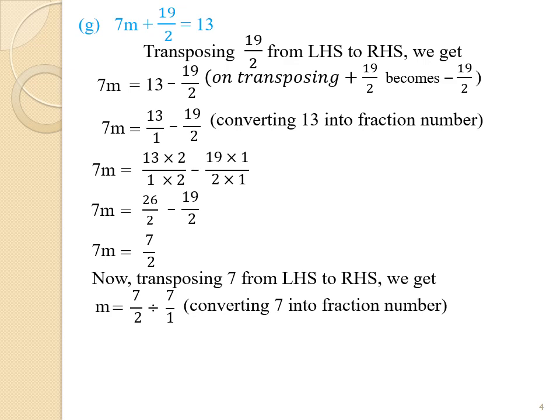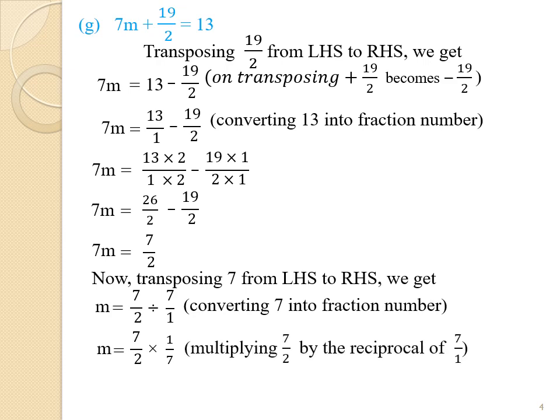Now, multiplying 7 upon 2 by the reciprocal of 7 upon 1, we get 7 upon 2 multiplied by 1 upon 7. Now, multiplying 7 by 1 and 2 by 7, we get m equals 7 upon 14.